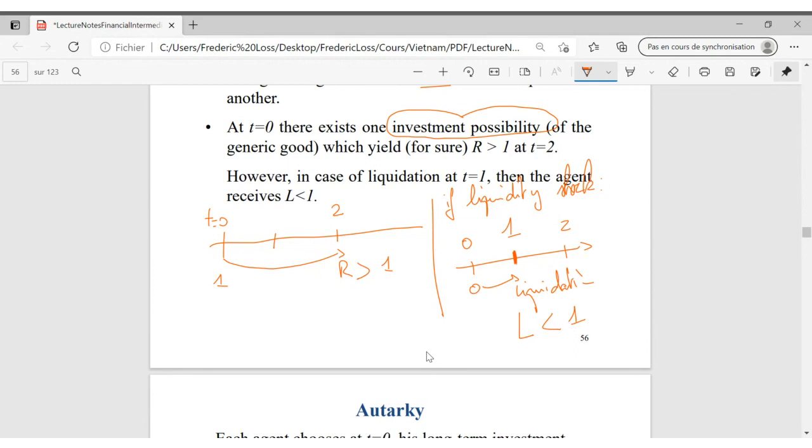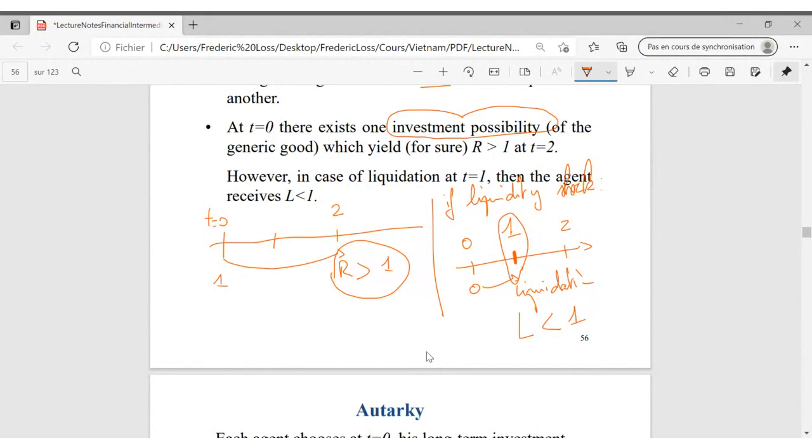So in other words, if you were 100% sure not to be hit by the liquidity shock, of course you would always invest in the long-term investment, because you would get R, which is strictly higher than 1, and you would consume at t equals 2. But you are not 100% sure of this. There is the possibility of being hit by the liquidity shock at t equals 1 and being forced to consume at t equals 1.